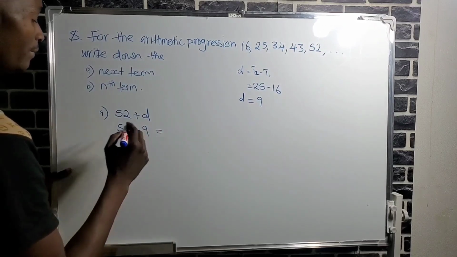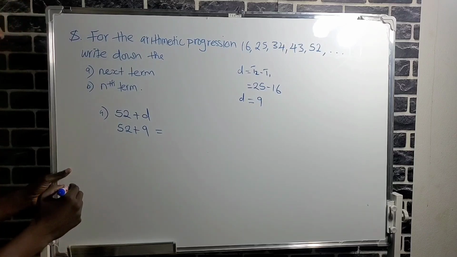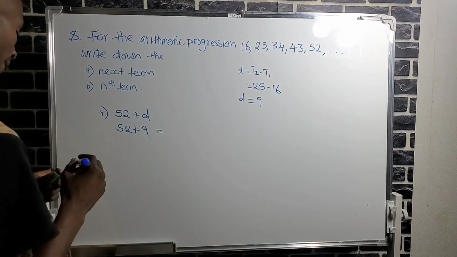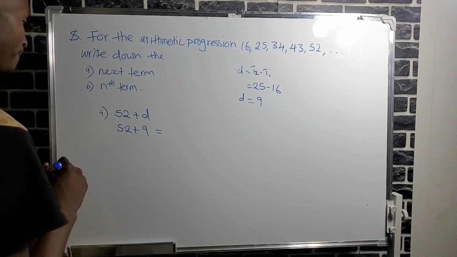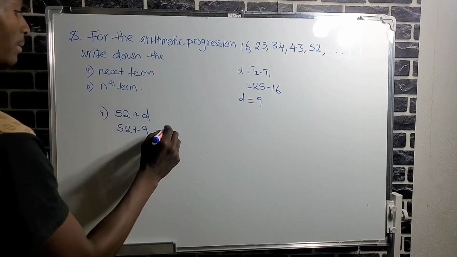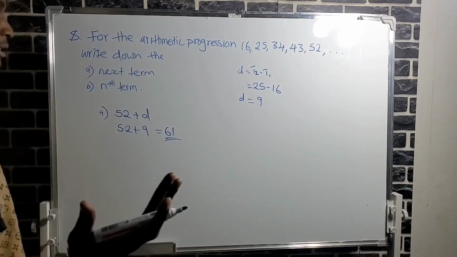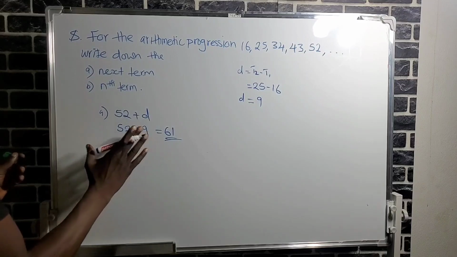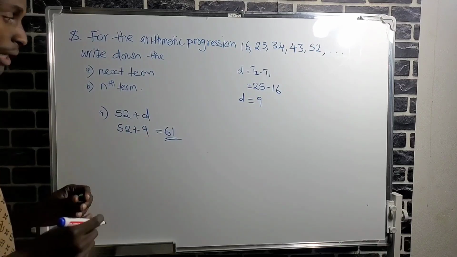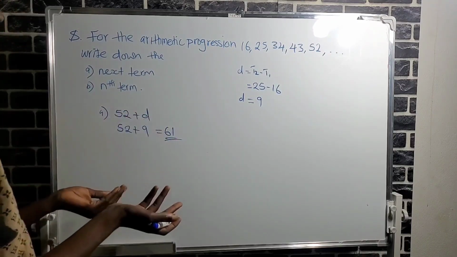And 52 plus 9 is going to give us 61. So the next term is 61 without even using the formula, because this is just the next term.